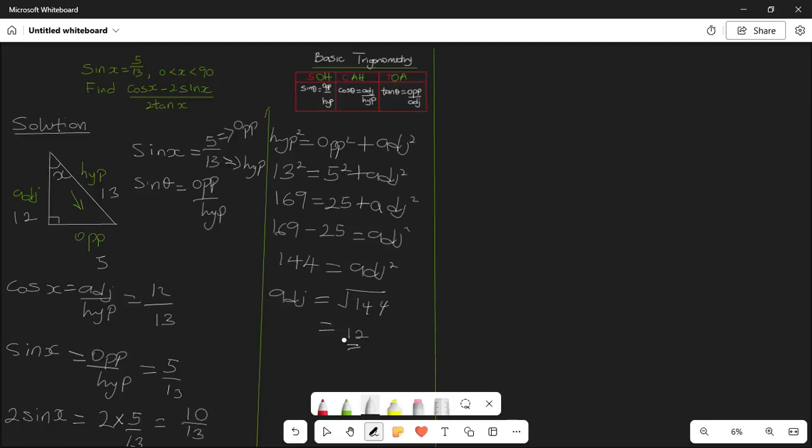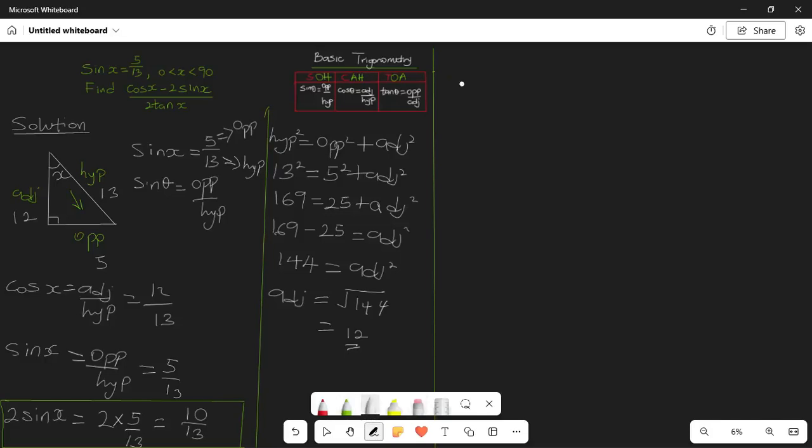The next thing to do is to look for 2 tan x. So let's look for tan x first. Remember tan theta is equal to opposite over adjacent.